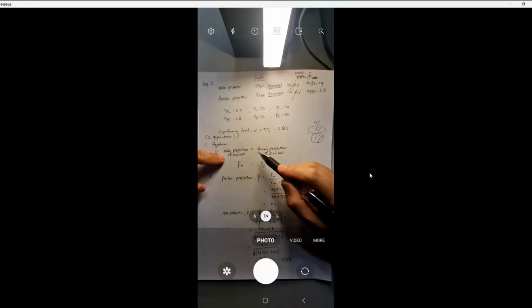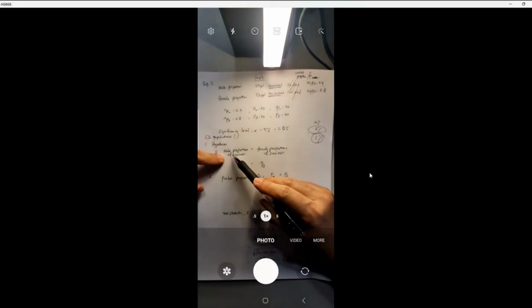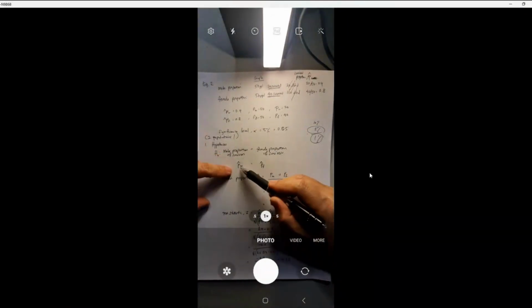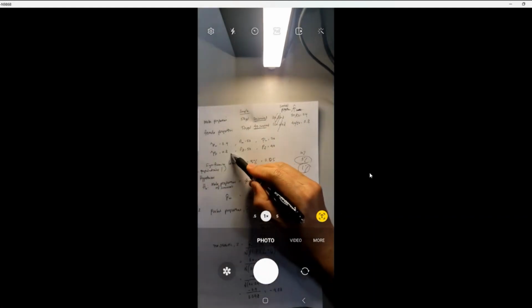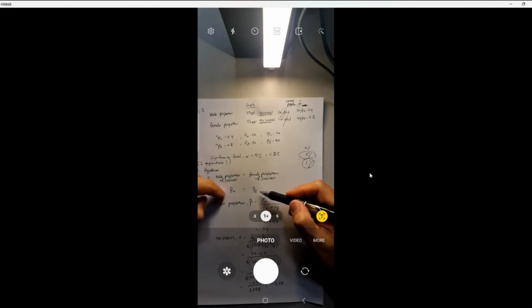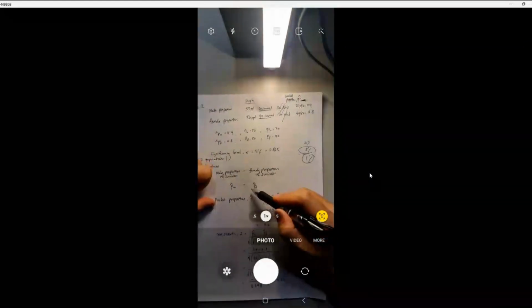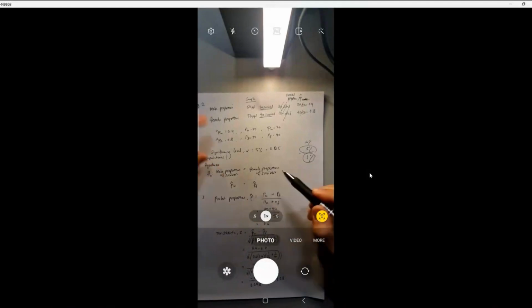So therefore, there's no difference between male proportion of survivors and female proportion of survivors. So I put that equal. Obviously it looks different here, but we need to test at population level, not just sample level. So we equate them. This is a null hypothesis.